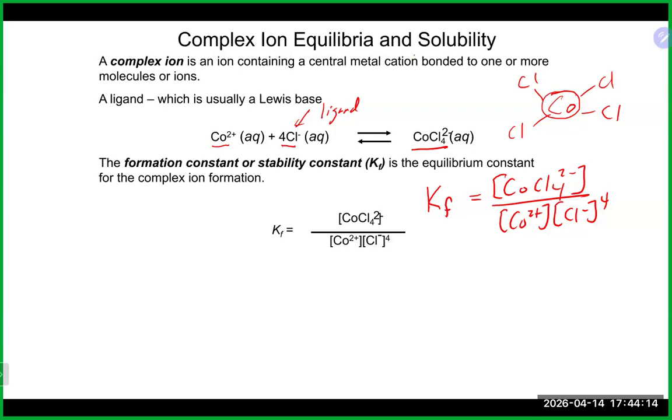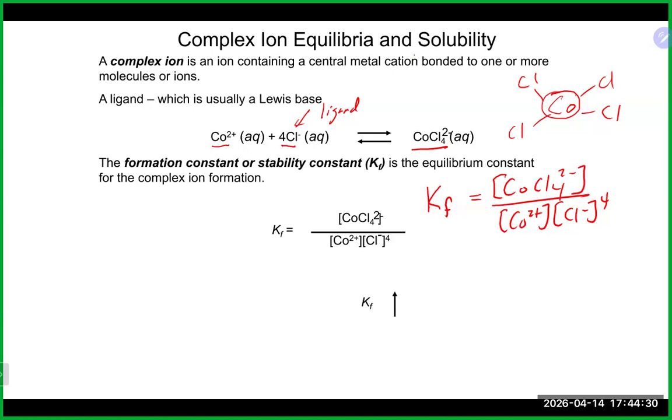So like Ksp is for things that are insoluble, Kf is specifically the equilibrium constant for complex ions, just like Ka is for weak acids, Kb is for weak bases, and so forth.